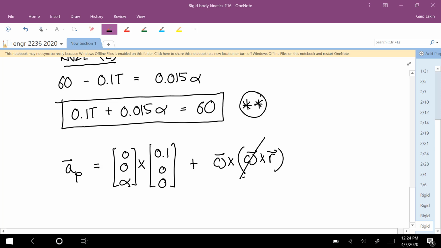But this one's going to go away. That's the centripetal part of the acceleration. All we care about is the y component. That's what we want to relate to the acceleration of that mass. This one's horizontal, so we don't care about that.